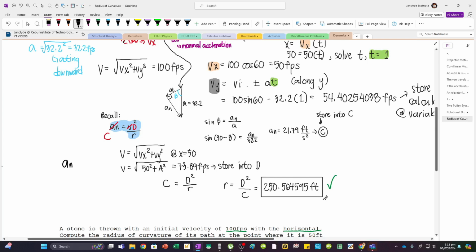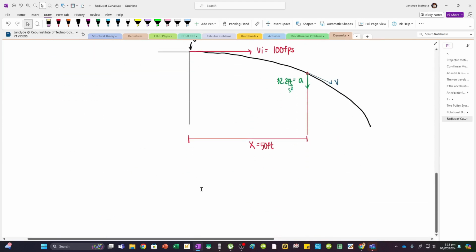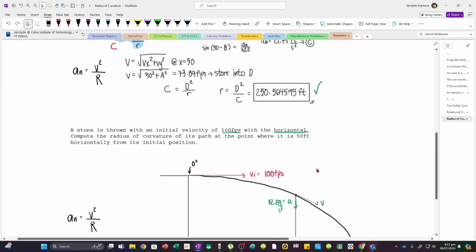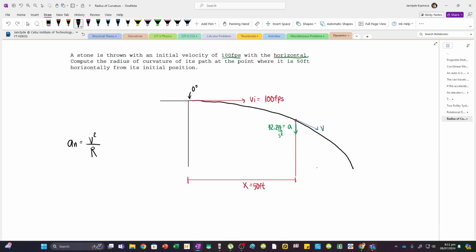An equals v squared over the radius of curvature. Yan. So I have here, to solve velocity at this point, sabihin natin this is Vf.